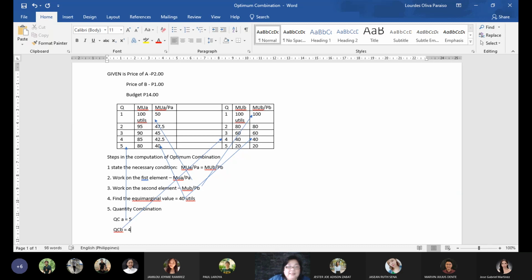Did you get it? Now, let's go to the 6 steps. What is the last step? Total cost is equal to your budget.